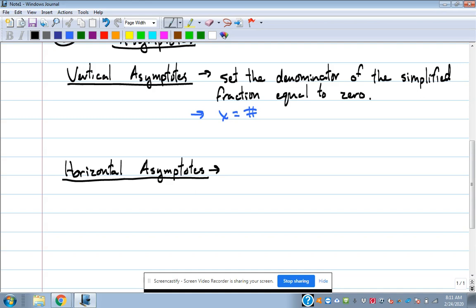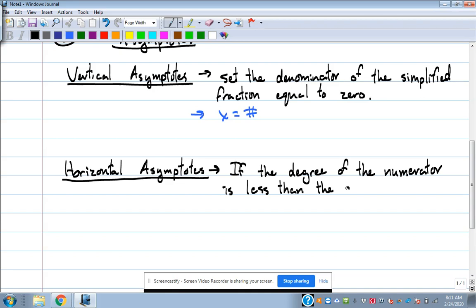So the first occurrence of a horizontal asymptote is if the degree of the numerator is less than the degree of the denominator.